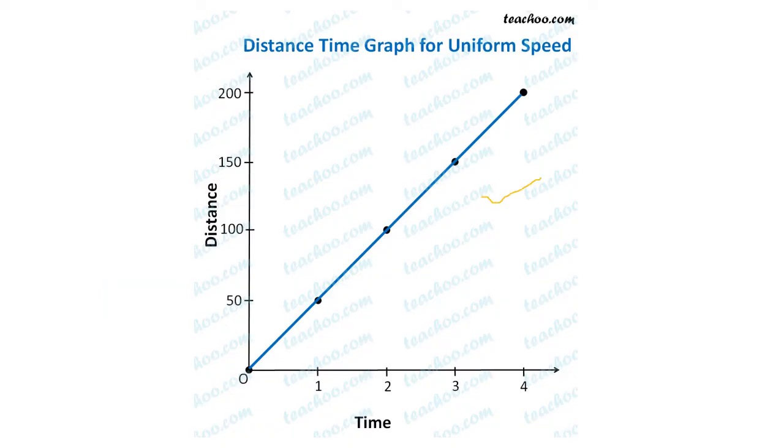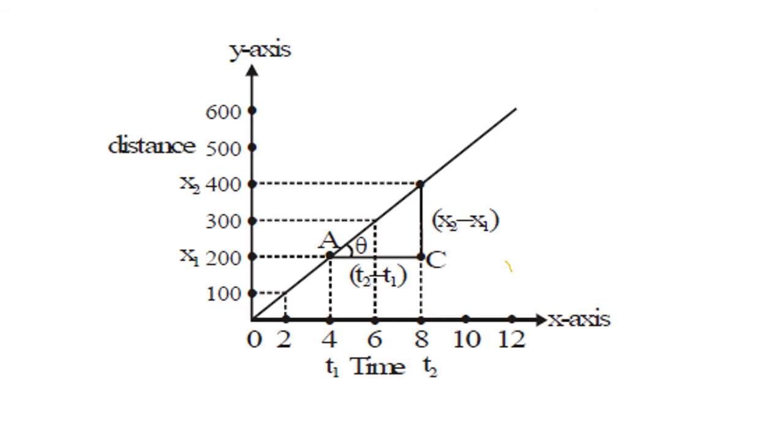Once you calculate the speed, you will always find a linear or straight line for the uniform speed of any kind of object, in which we are plotting the graph between the distance and time. Here also you will find these are the times and these are the distances.